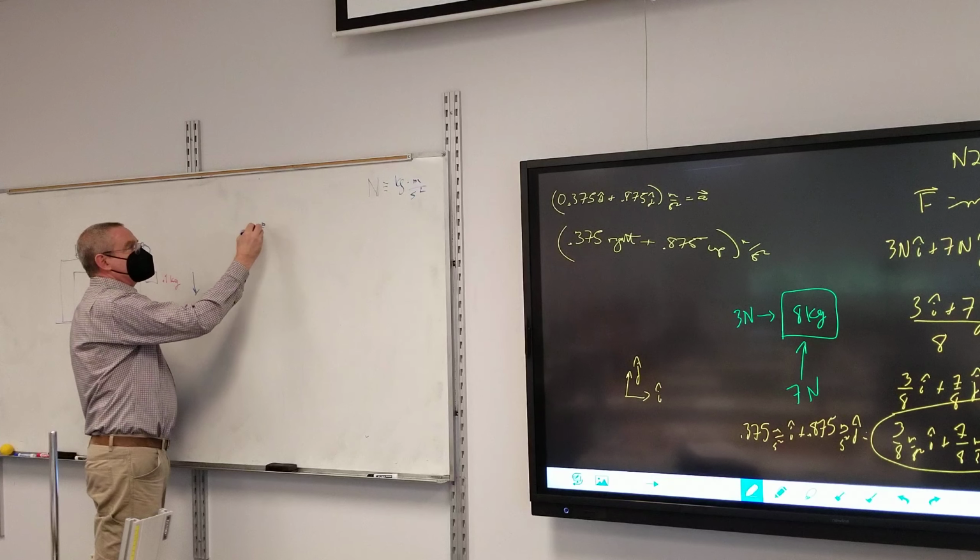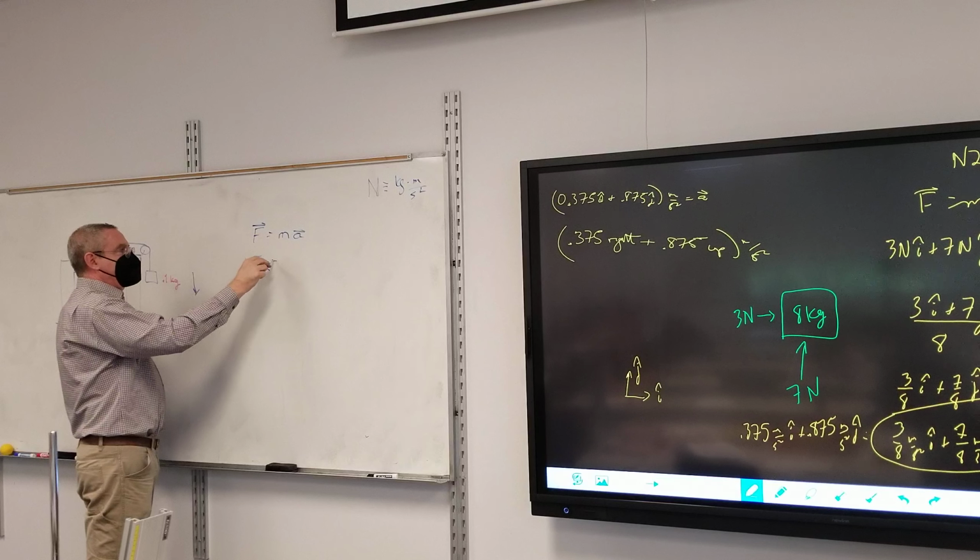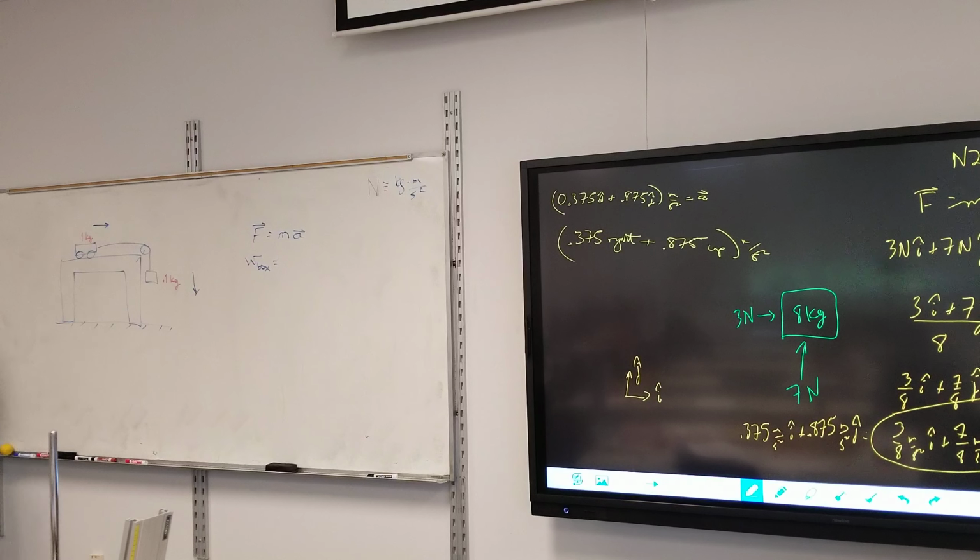So that net force, again, plug it into mass times acceleration, that net force is the weight of this box. So this is the weight of the box. What is the mass that's going to be accelerated?